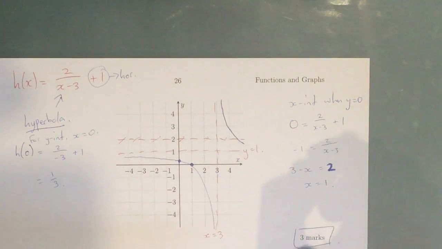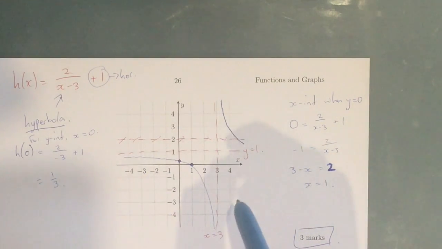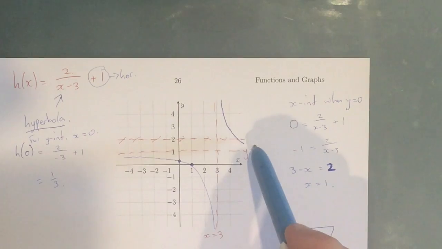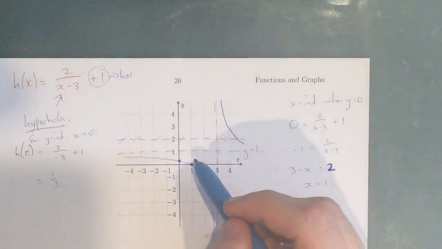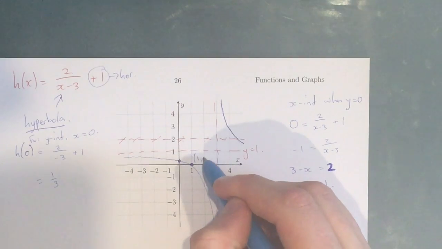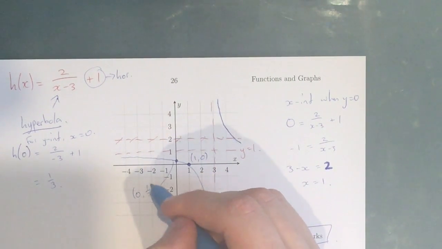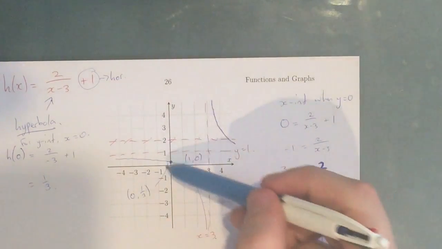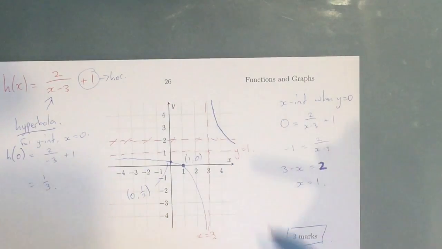As with all graphs, they start by giving you 3 marks and then take away marks for things you haven't done. So make sure you've labeled your asymptotes, your horizontal and your vertical, and your coordinates: 1, 0 here and 0, 1/3 here. We've labeled our intercepts and our asymptotes, and that's it.